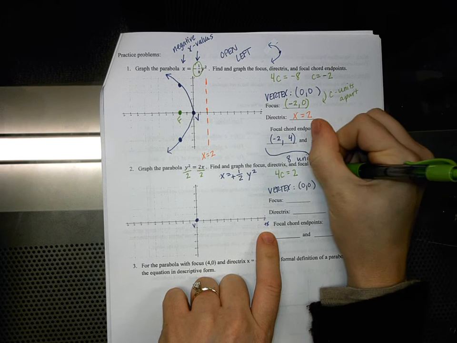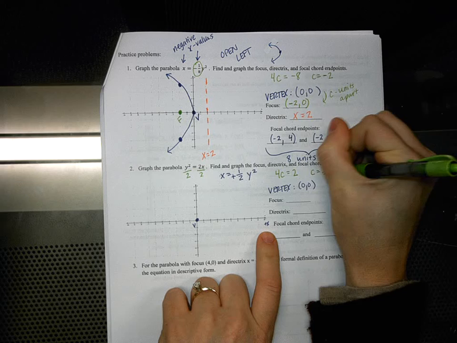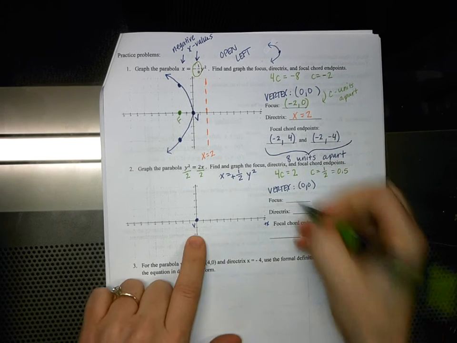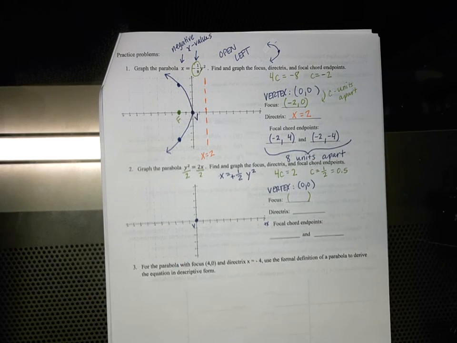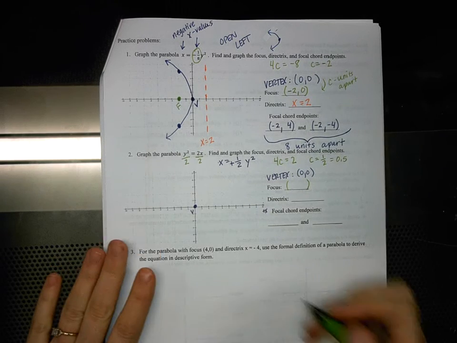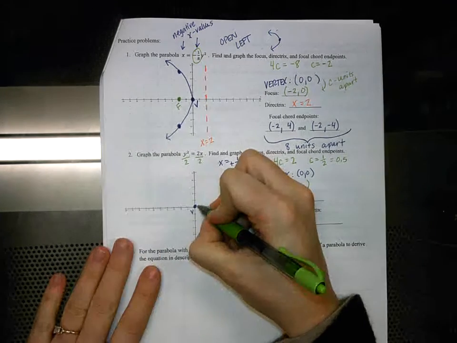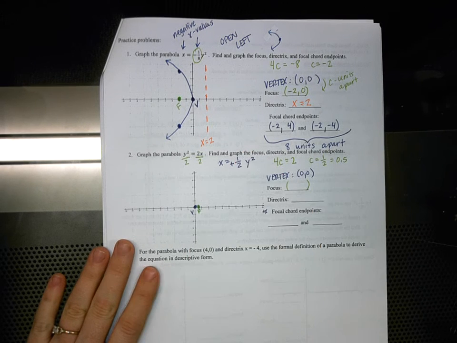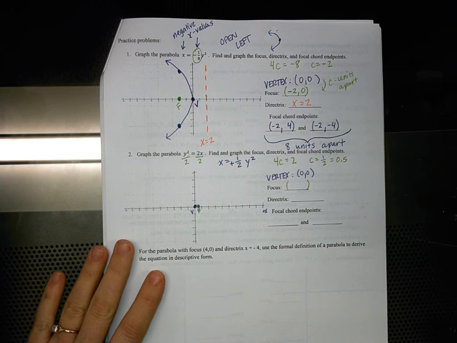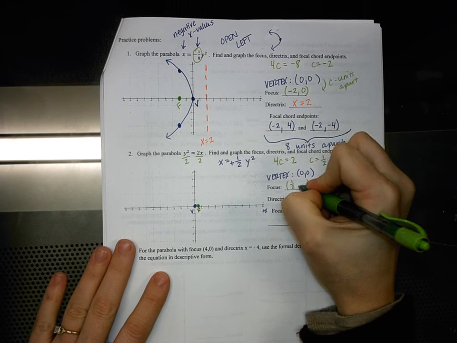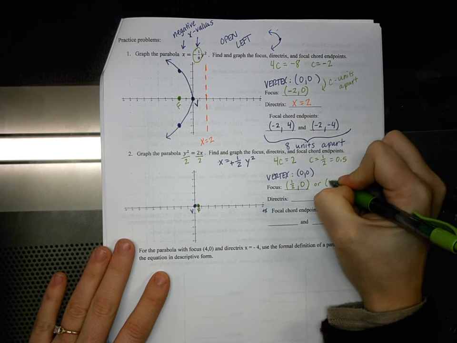So what does c equal? 1/2. Good. You can also write it as 0.5 if you would like. My focus. What direction do we go by 1/2? To the right 1/2. Okay, so that is 1/2 comma 0, or you can write it as 0.5, 0.